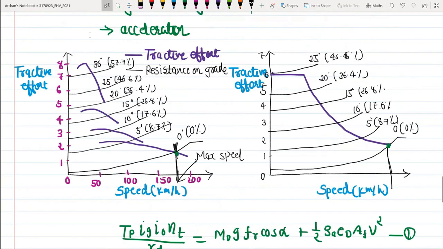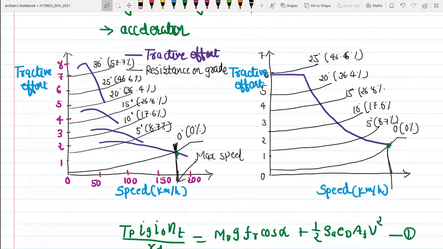If you have the knowledge of the torque speed characteristics of the IC engine or electrical motor, and you know the values of the resistances, then draw the resistance curve and the torque speed curve, and where they intersect each other, that will give you the value of the maximum speed for the selected transmission.